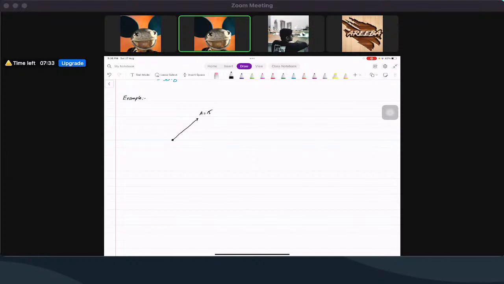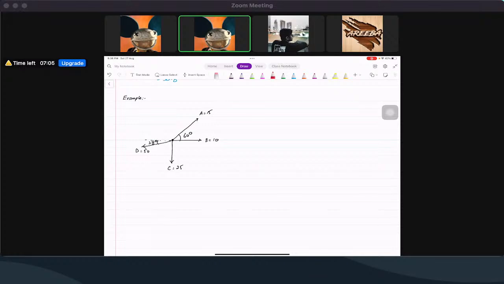There is another vector like this, B, 10. There is another vector vertically down, C, 25, and D, 50. This angle is 60 degrees. This angle is 28 degrees.